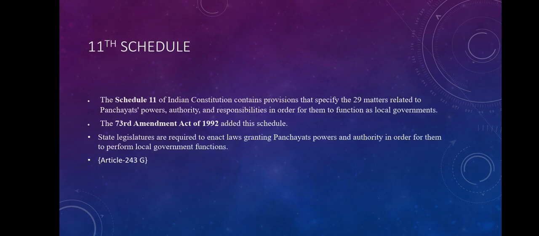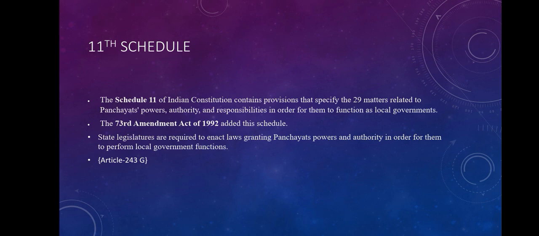The 11th Schedule of the Indian Constitution contains provisions that specify the 29 matters related to panchayat power, authority and responsibilities in order for them to function as local government. The 73rd Amendment Act of 1992 added this schedule.